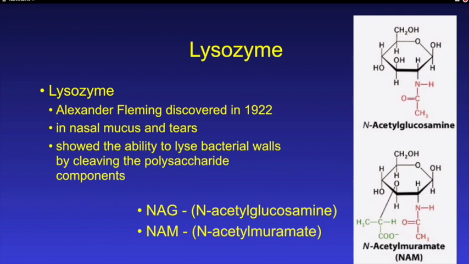The other is this derivative that also has the N-acetyl, but then it has this very large group on the 1, 2, 3, 4th carbon. What we need to know is the NAG of the two is relatively smaller than the NAM. The NAM is physically bigger. So NAG small, NAM big. That's going to be an important aspect as we move.